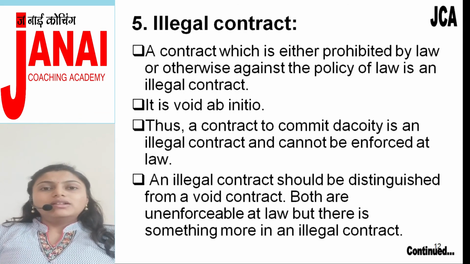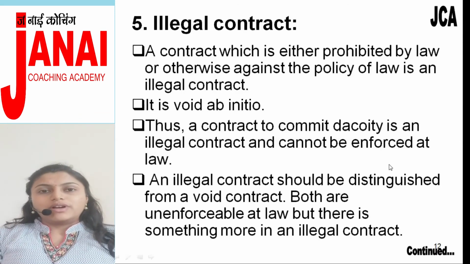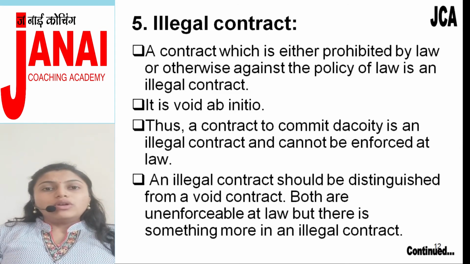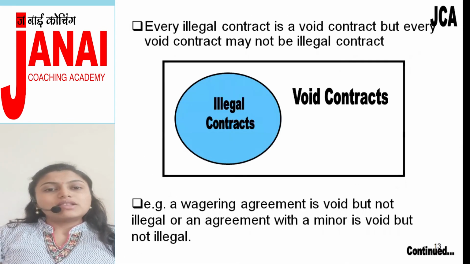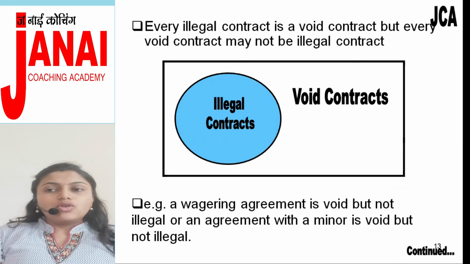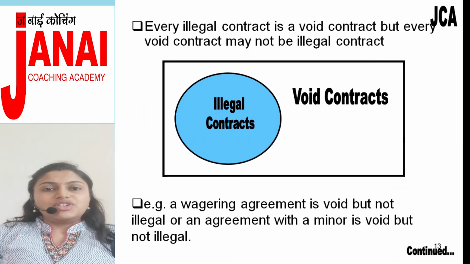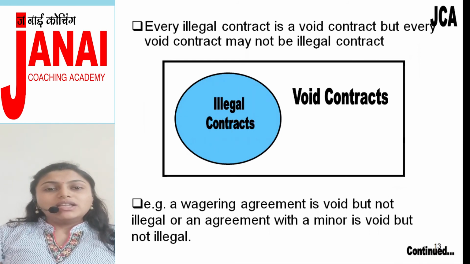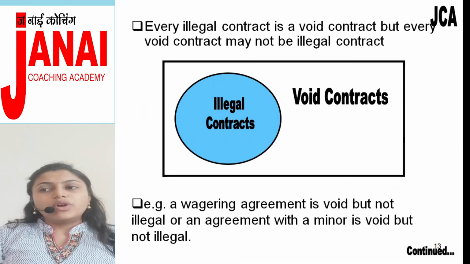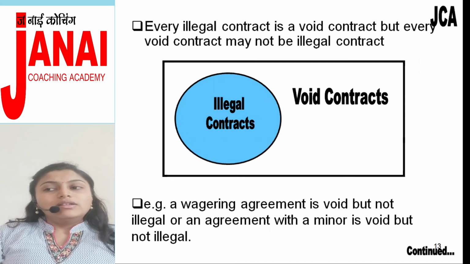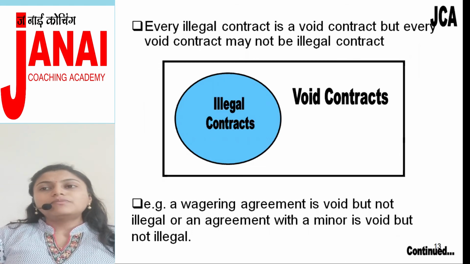Of course, all illegal contracts are ultimately void contracts because they cannot be enforced in the court of law. But all illegal contracts are void contracts, but all void contracts are not necessarily illegal contracts. For example, wagering means betting. Betting and gambling, of course, is a void contract, but it is not necessarily illegal.